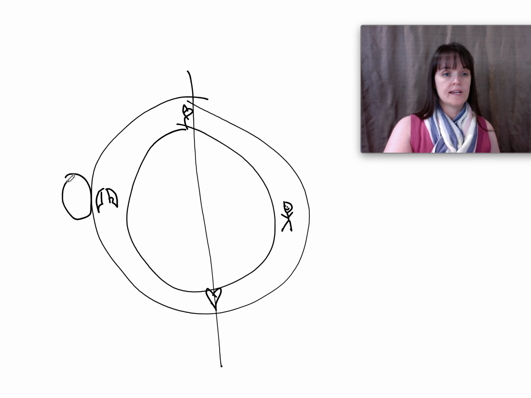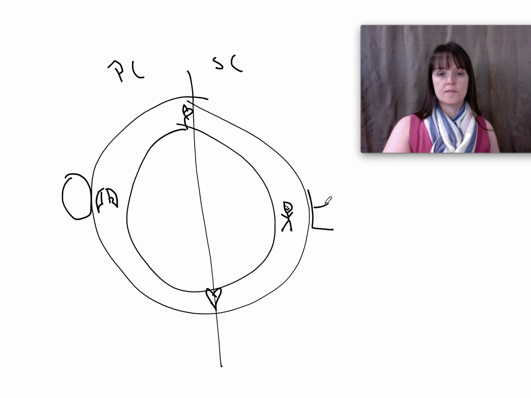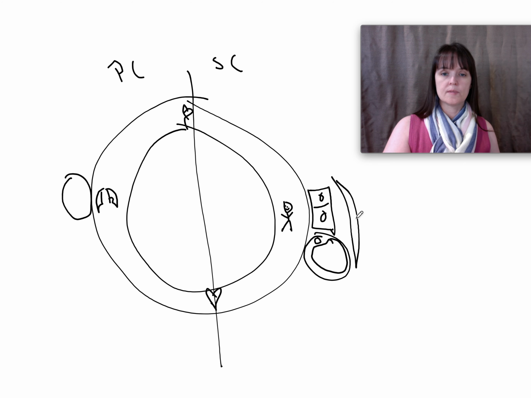So we have an alveolus. This is the pulmonary circuit, the systemic circuit, and then we've got a couple of cuboidal cells, an adipocyte, and a smooth muscle cell in the background. Well, I don't know if that's better, but it's not worse.